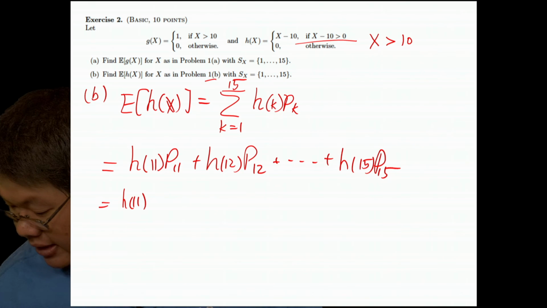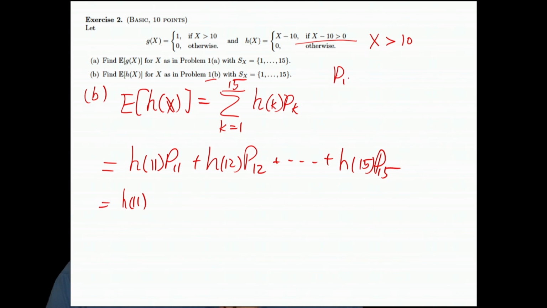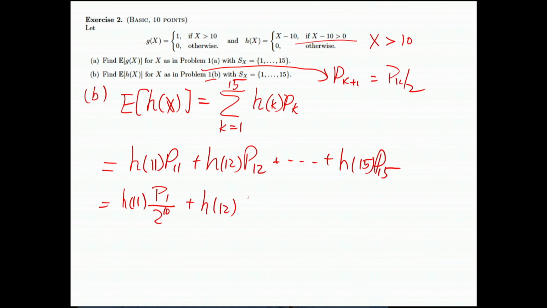So from part B, we know that p(k+1) equals p_k divided by 2. That's the relation. So here p11 is p1 divided by 2 to the 10th, and p12 is p1 divided by 2 to the 11th, and h15 p15 is p1 divided by 2 to the 14th.